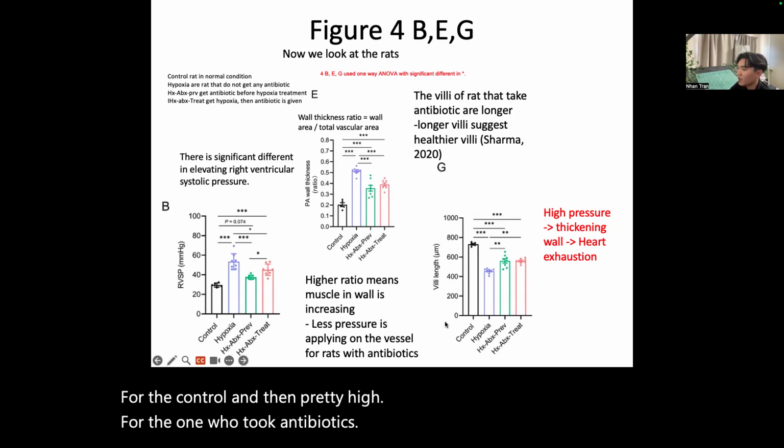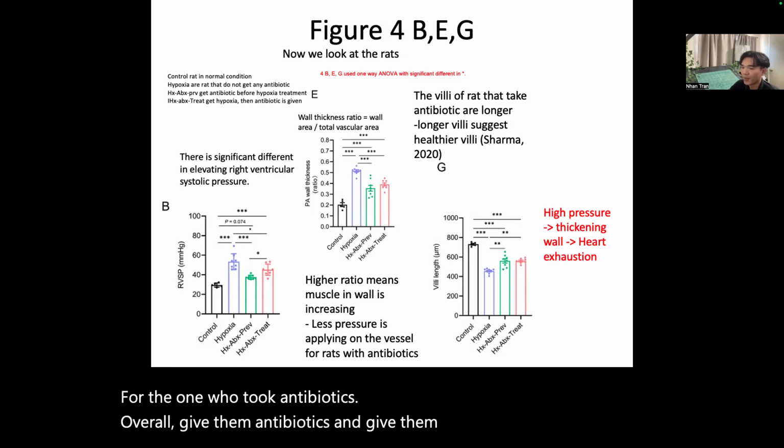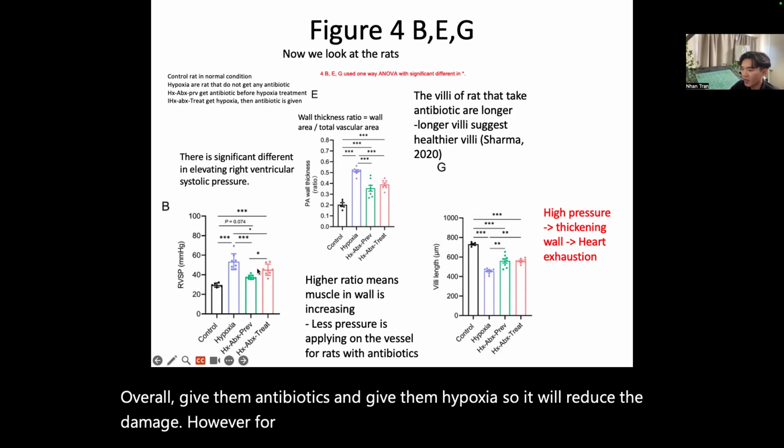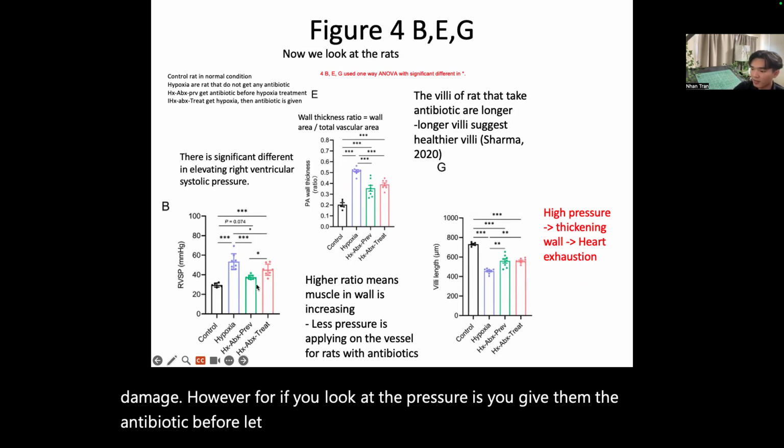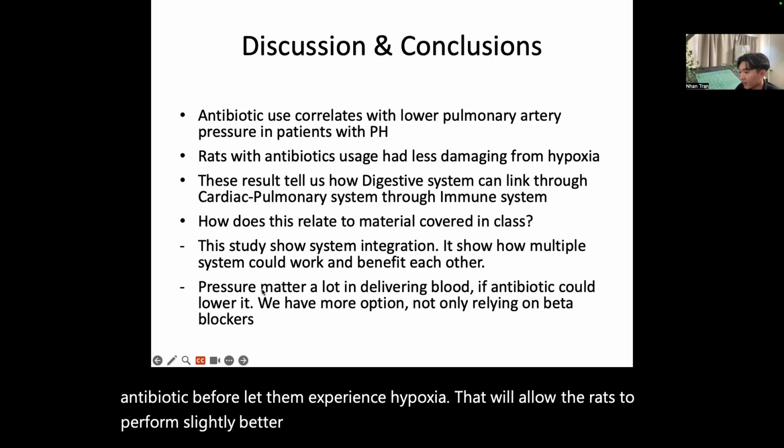Overall, give them antibiotics and give them hypoxia, so it will reduce the damage. However, if you look at the pressure, if you give them the antibiotic before letting them experience hypoxia, that will allow the rat to perform slightly better in the pressure.